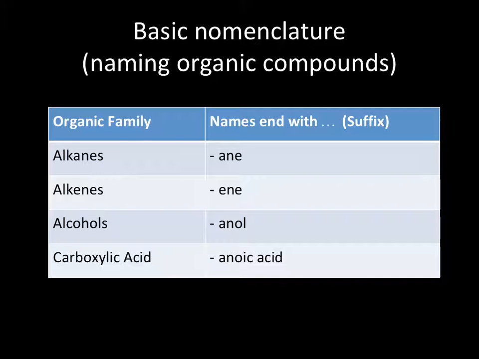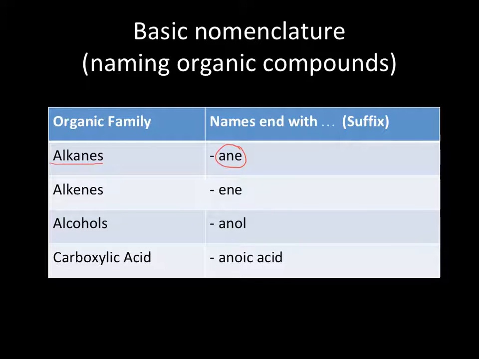Okay, the suffix, which is the end part of the name, depends on the family that the compound belongs to. For example, if the compound belongs to the alkane family, the names will all end with -ane. All the names of the family members will end with -ane.